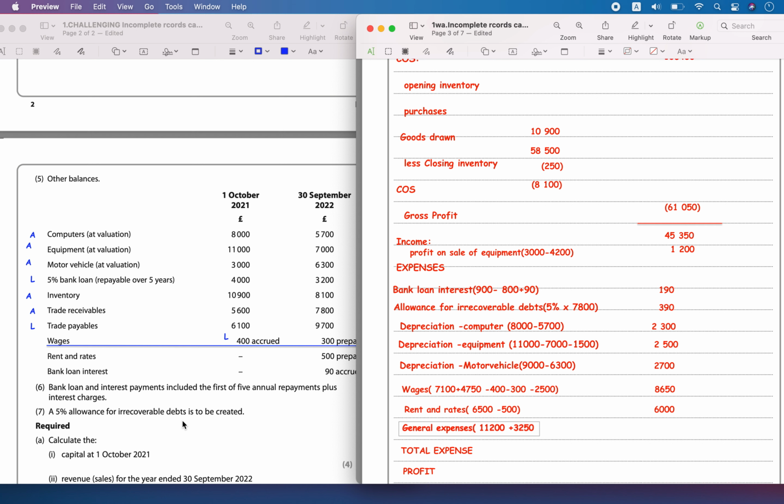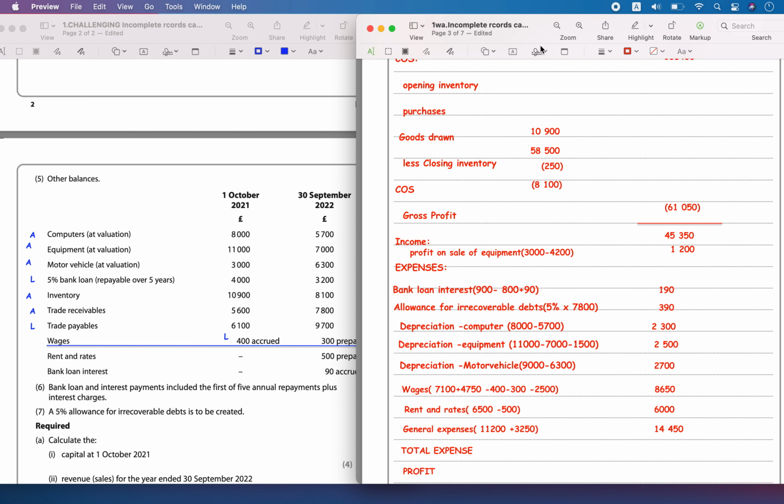There is none. So the total paid towards the general expenses is 11,200 plus 3,250, and that value is going to be 14,450. So these were the expenses that were incurred.